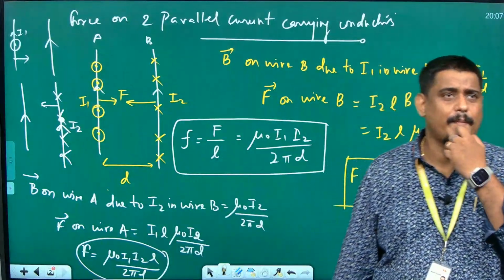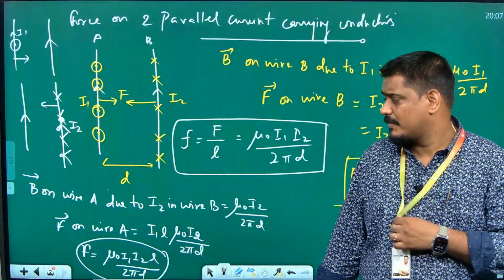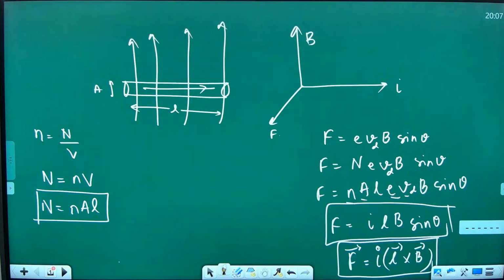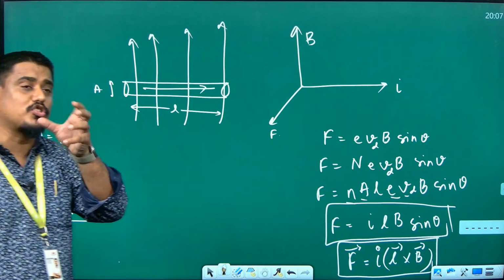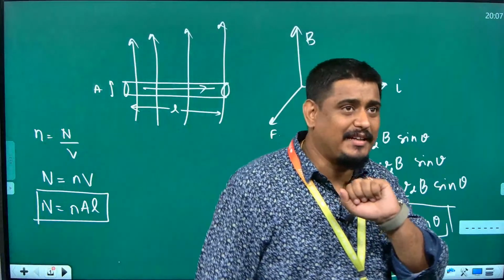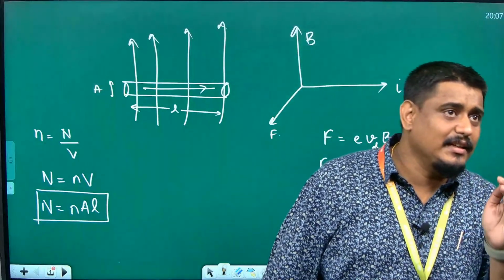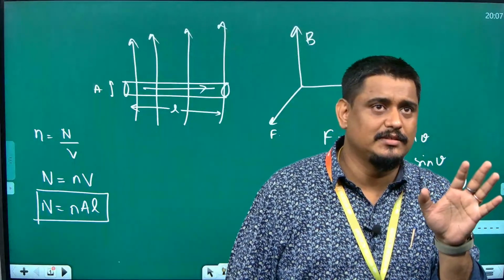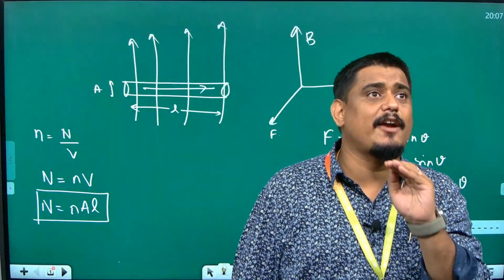The previous case, sir: force on a current carrying conductor when it is kept in a magnetic field as well as an electric field. See, if there is an electric field, it will control the motion of the electrons or protons. Am I right? Either the charge will move faster or slower. It totally depends upon the direction of the electric field.